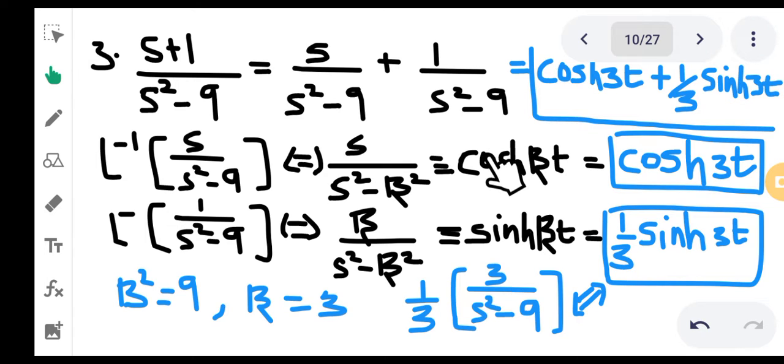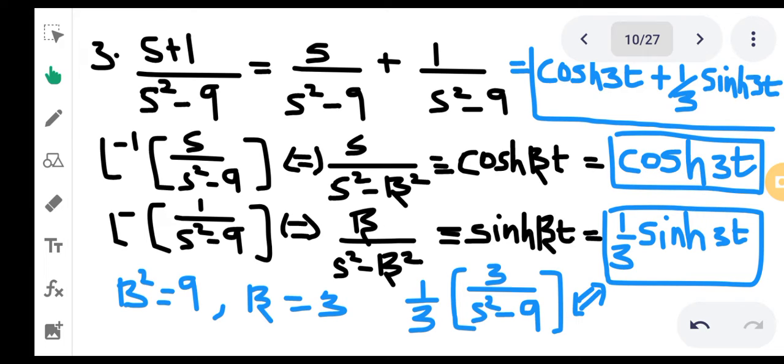You know that whenever you find the hyperbolic function of cos beta t, here the beta is 3, because beta squared is equal to 9. So we are going to get hyperbolic cos 3t.